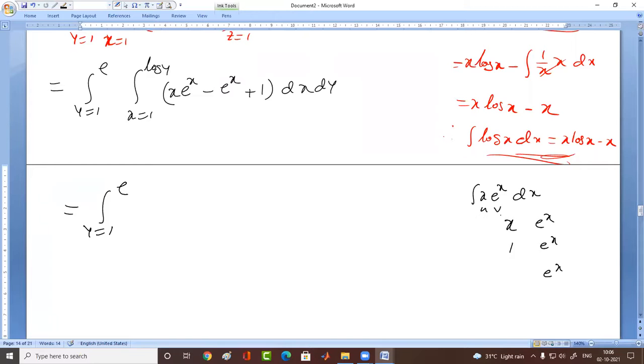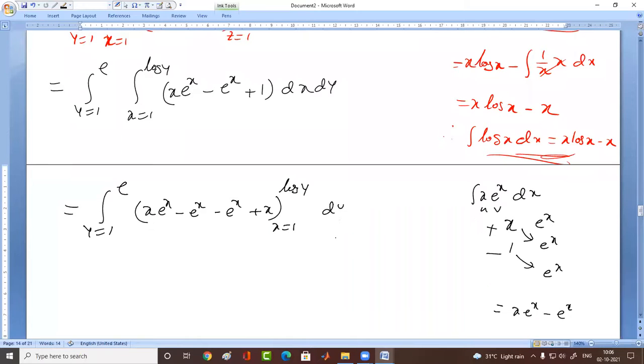Now use the arrow marks with plus and minus and multiply. The integral value is x e power x minus e power x. So the integral is x e power x minus e power x, minus e power x plus x, with x limits 1 to log y, dy.